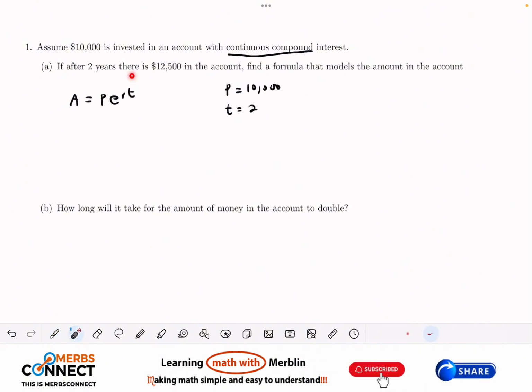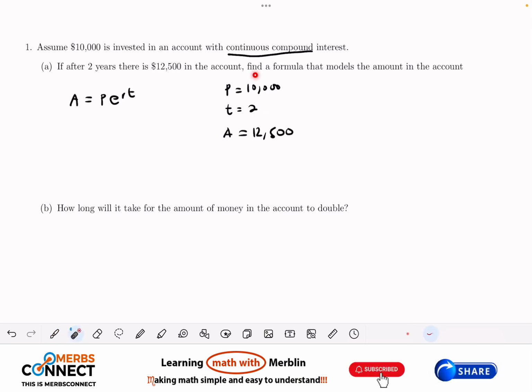So after 2 years, there is 12,500. So remember, when I was talking about A, we said A is the amount of money that you are going to earn after T years. So here, after 2 years, we are earning this. So it means that when we invest 10,000 in an account after 2 years, this is the money that we are going to get. So it means that the 12,500 is for A.